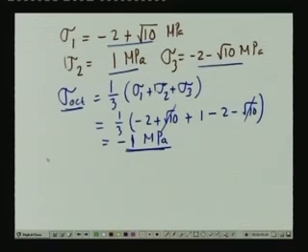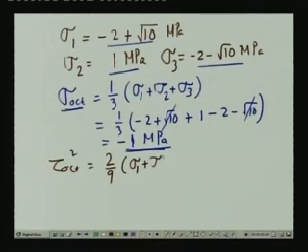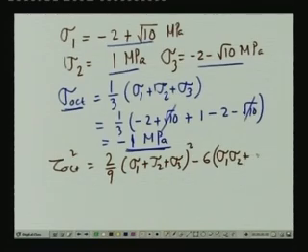in this form that tau octahedral square is equals to 2 by 9 times sigma 1 plus sigma 2 plus sigma 3 square of that, minus 6 of sigma 1 sigma 2 plus sigma 2 sigma 3 plus sigma 3 sigma 1.